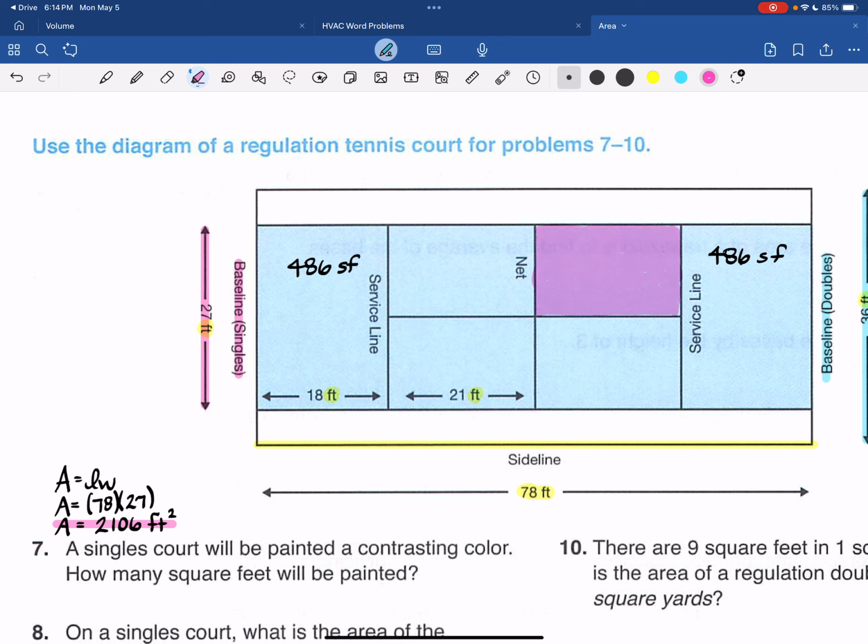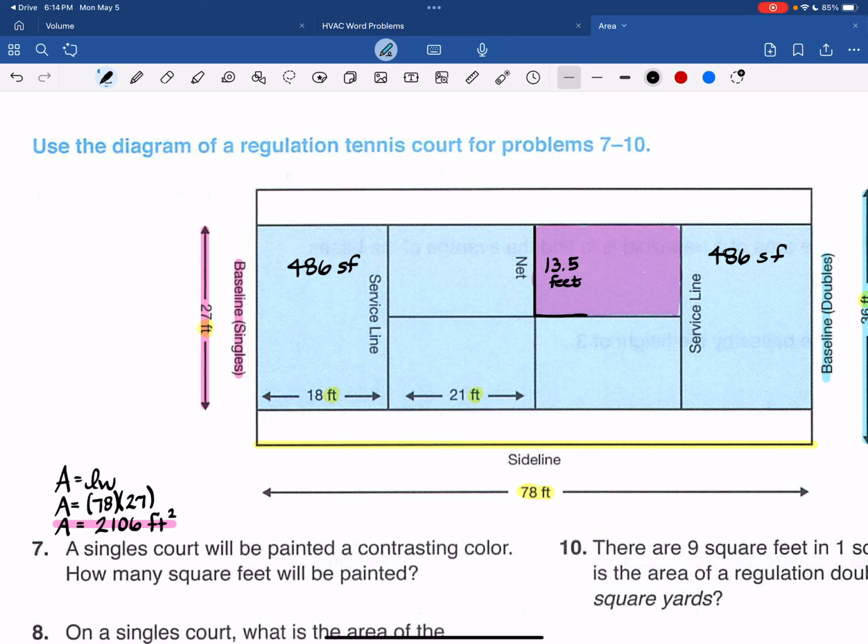We don't want to go corner to corner. We know that this dimension is going to be half of this dimension. So half of 27 is 13.5 feet. And that is this dimension.